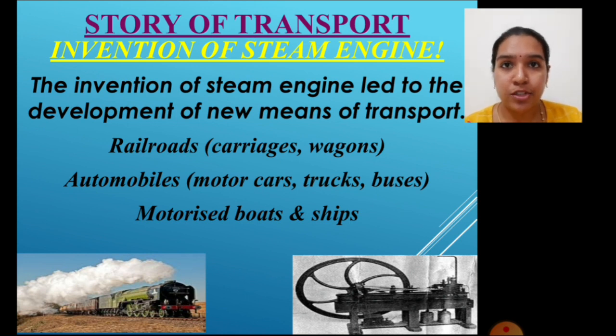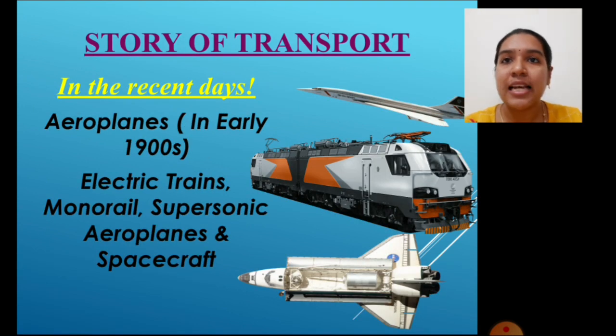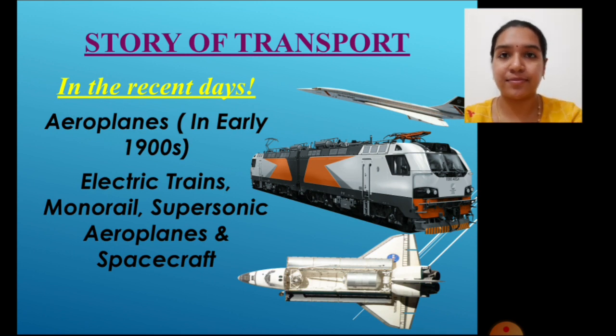The invention of the steam engine led to the development of new means of transport, which we see as trains, cars, trucks, etc. Advanced studies and their application now led to travel through electric trains, aeroplanes, spacecrafts, etc. This was about the evolution of transportation.